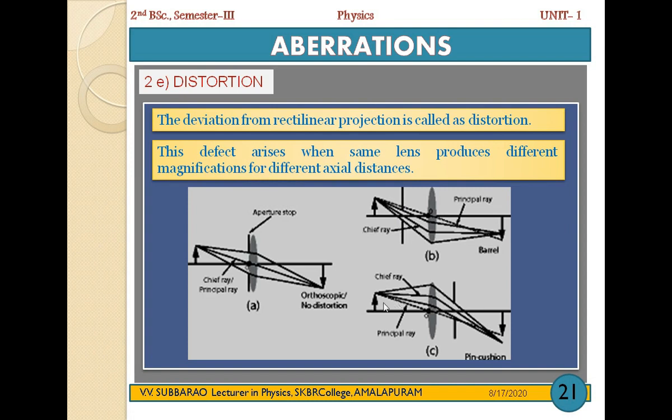In these three cases, we will get different types of images. The various points of the object will be at different distances, and if the magnification produced by the lens varies with distance, then that lens produces the defect, namely distortion.